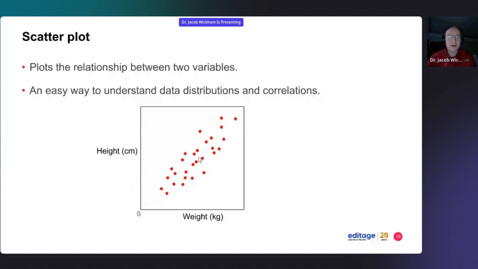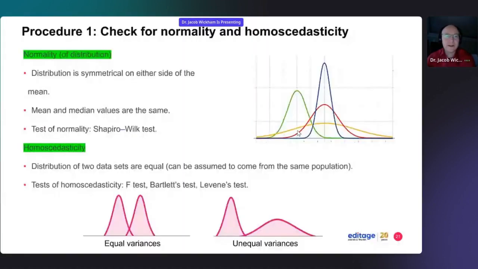And you can also do correlation tests on these data as well. And you can get a p-value, and if it's below 0.05, it means that the data are correlated. And then the R-square value just shows the strength of the relationship of your data.